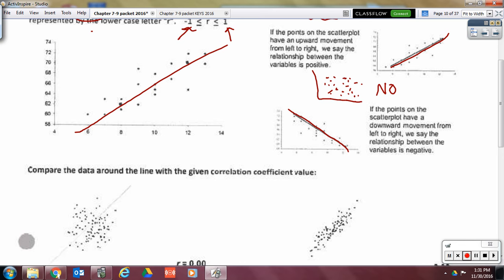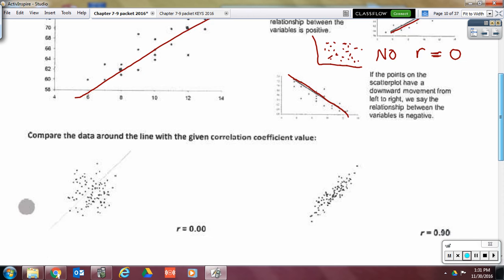And furthermore, this no linear correlation has an r value that is close to 0. So the more scatter and randomness there is, and not a relationship, the closer your r value is to 0.